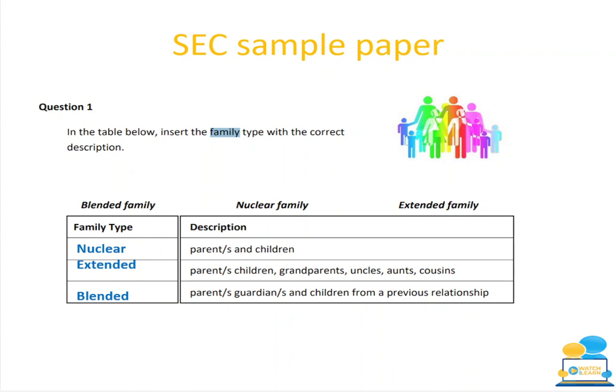I'm thinking of the likes of Kamala Harris and the Vice President of America, and then I'm thinking blended. So I'm going to write blended, making sure that I've written everything in. And if there was one that I didn't know, I don't have to go in order, okay? I can pick whichever one I want and then just narrow it down to what is left. So this is an example of being able to label the family types according to a description.